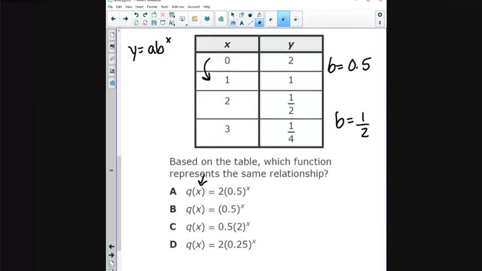Yep, it is 2. So where a is, that's going to be 2. So already you can eliminate B and you can eliminate C. Ooh, we have an answer already. Very good. That's correct. Okay, so B is out and C is out, and the correct answer here is A. Very good.